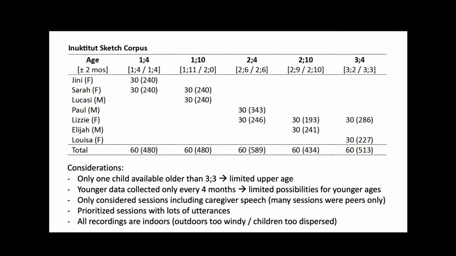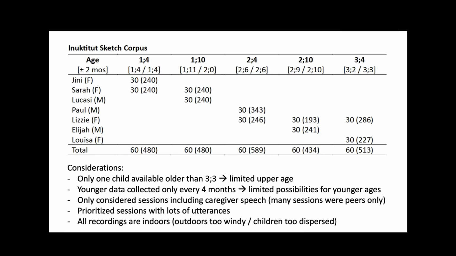Another important consideration for us was selecting sessions that include caregiver speech, because a big part of the acquisition sketch is also looking at the caregiver speech. And because of the nature of the way that Inuit interact with their children and each other, much of our data was children interacting with their peers, often siblings or cousins, but also friends with no adults around.